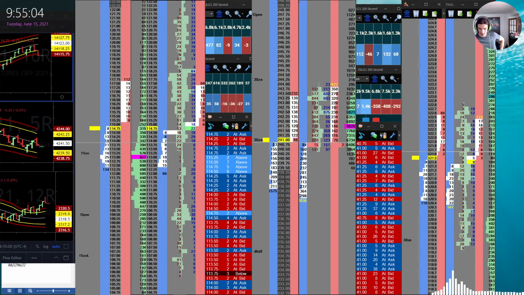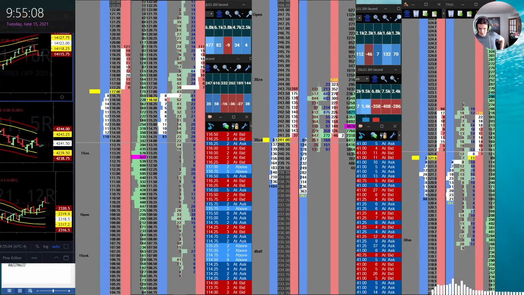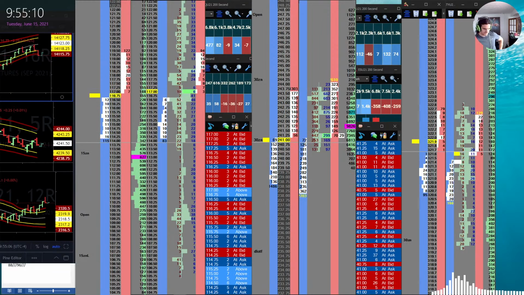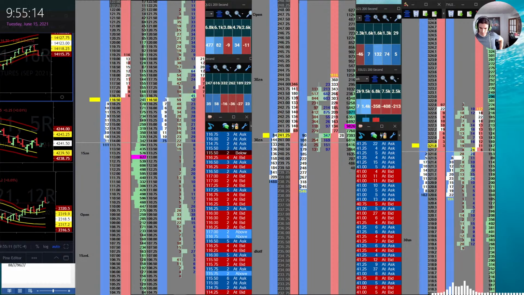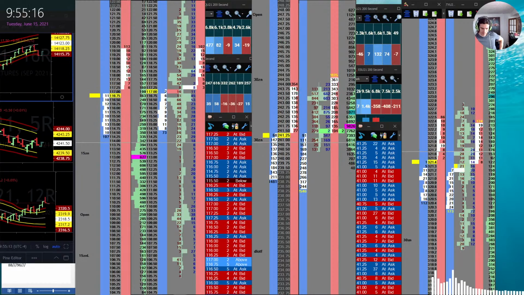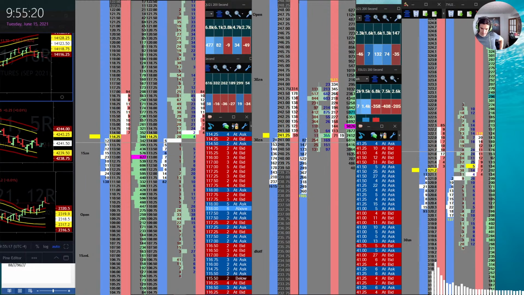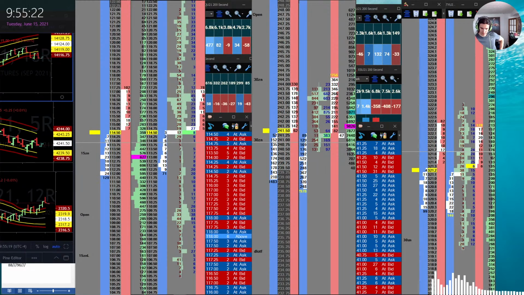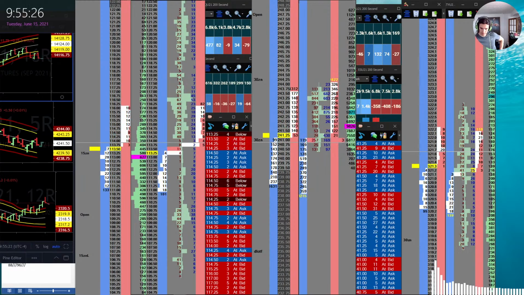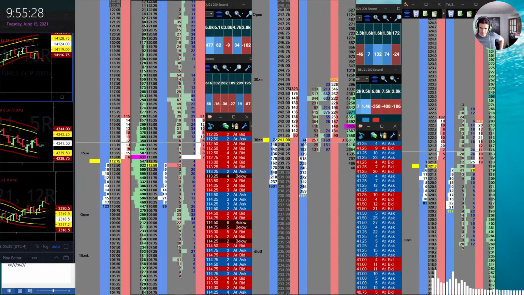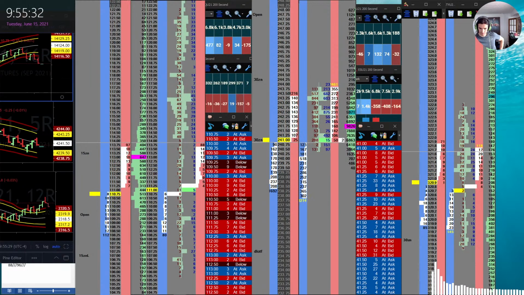Coming back into the range now. 17 offer. Coming back in now, 14, 13 and a half. About a plus 100 here, back into the center of the range now.